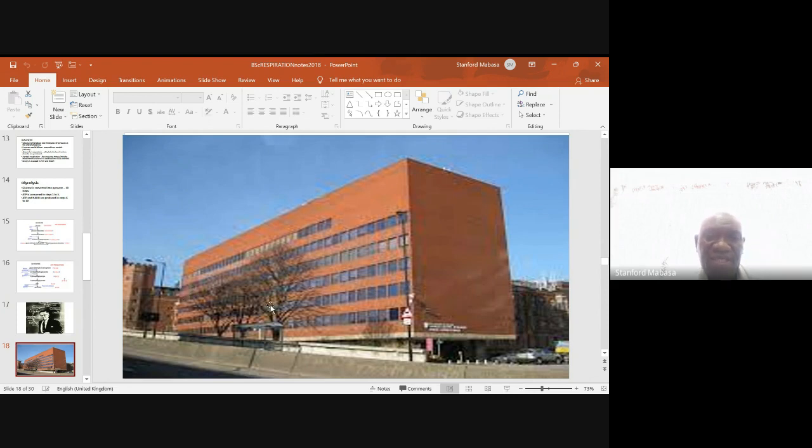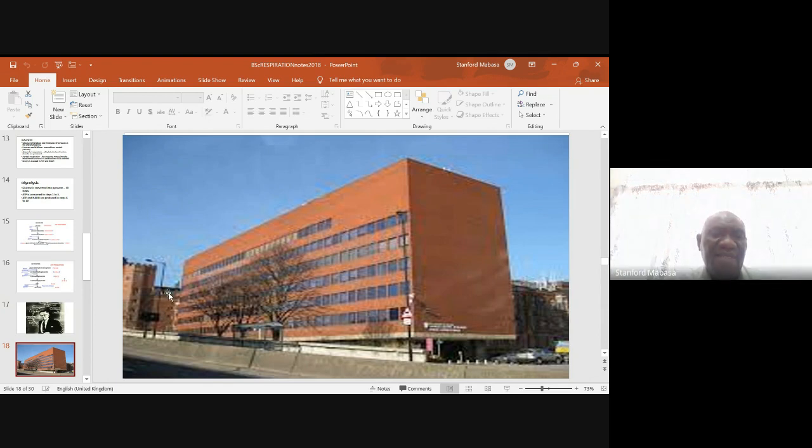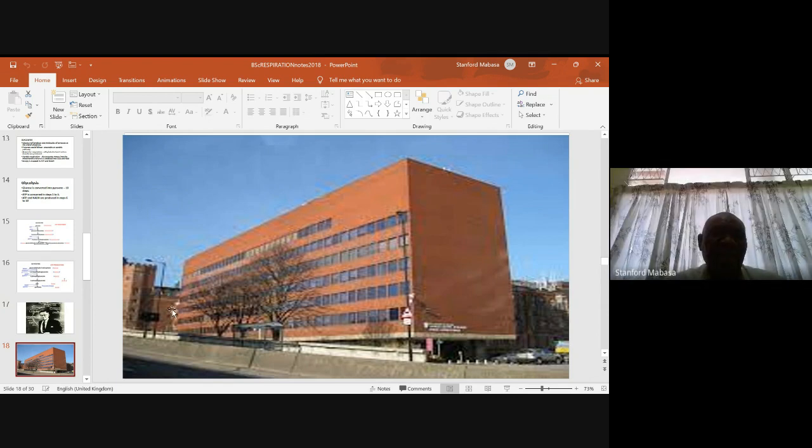Towards the end of this building, you have this other place. This is where there is the laboratory where Professor Hans Krebs was working. And he came up with this cycle.